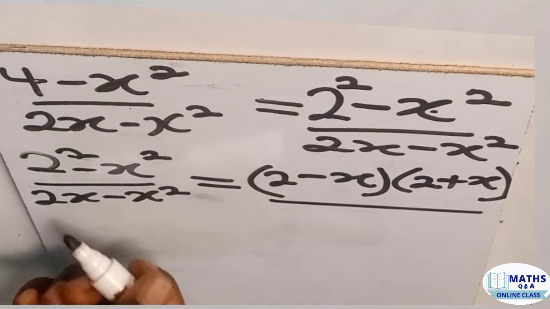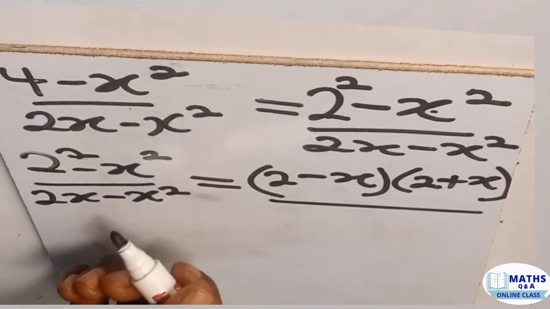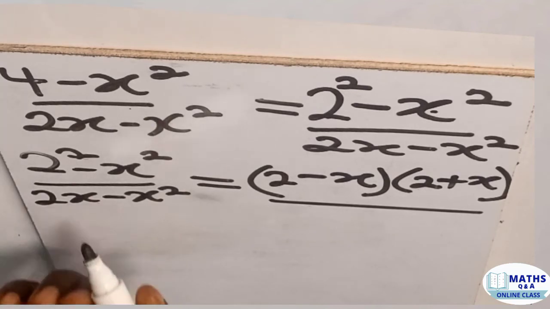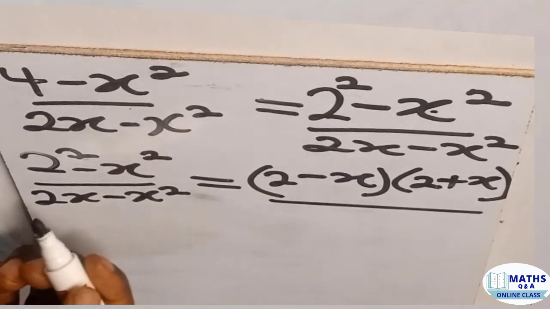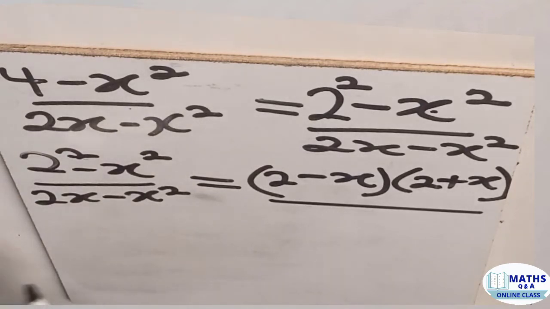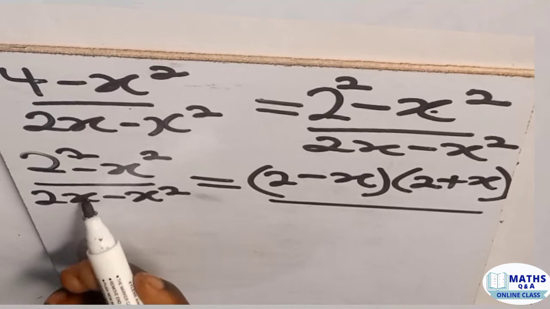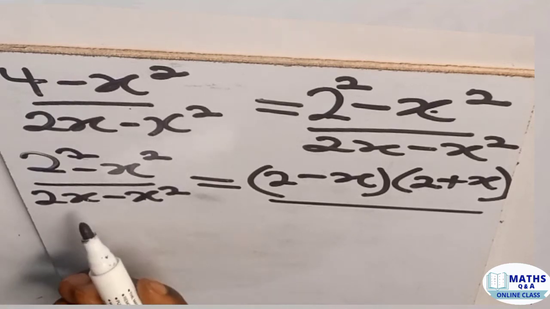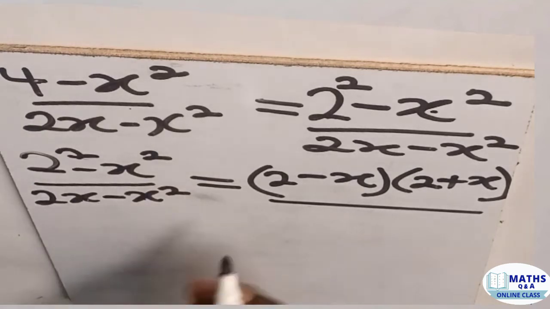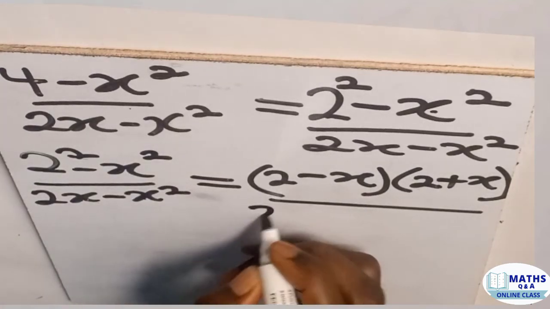Now if you consider these two terms, you see that we have a variable which can be factorized out, or which is common to these two terms. And what is that variable? That is x. We have x here, we also have x here. So we can write x as a factor of these two terms. So we write our x.